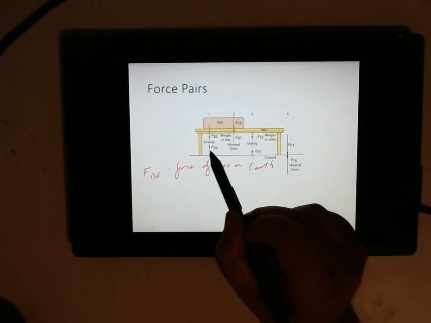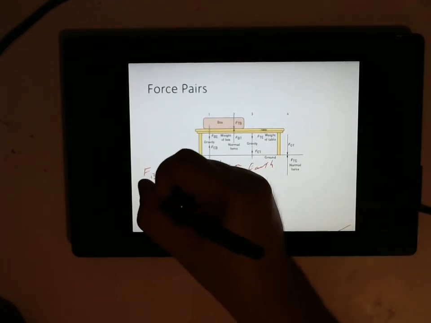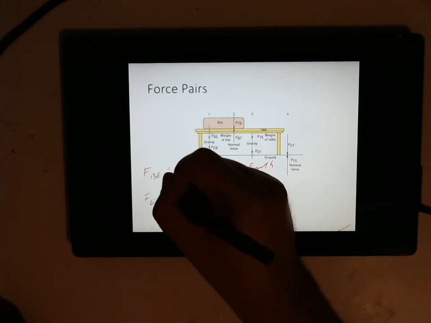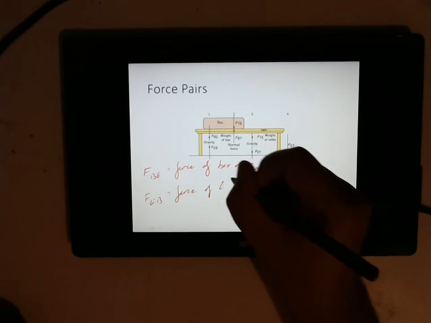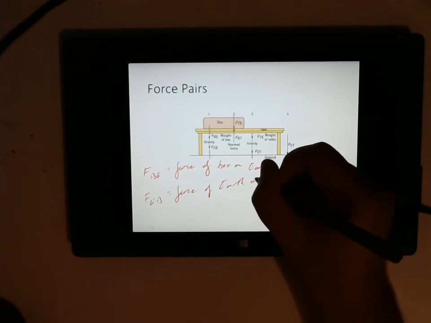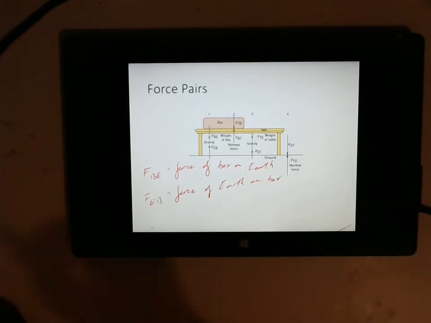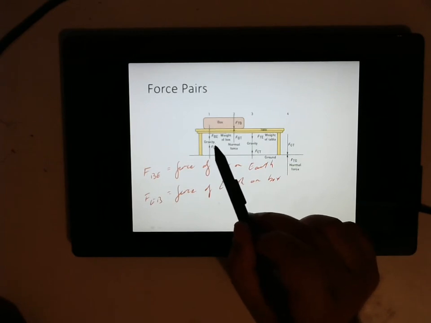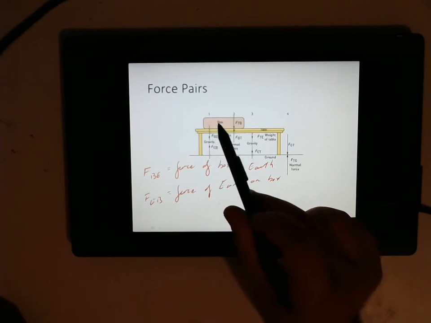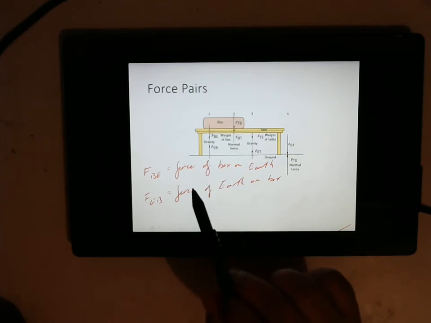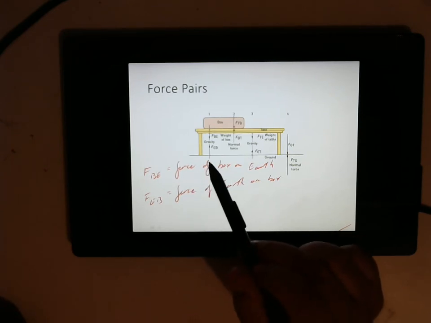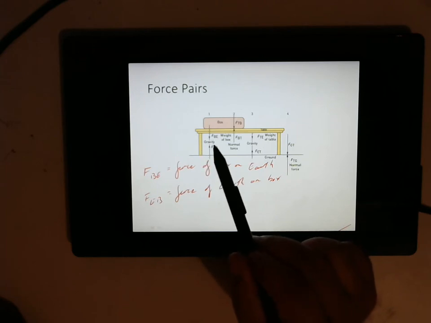And so then the pair, FEB equals force of Earth on box. So here we've got the force of gravity, that the Earth is exerting a gravitational pull on the box, but, and this is a bit weird sometimes to think about and might throw you a little bit, the box is also exerting a gravitational force on the Earth, and they are equal to each other.